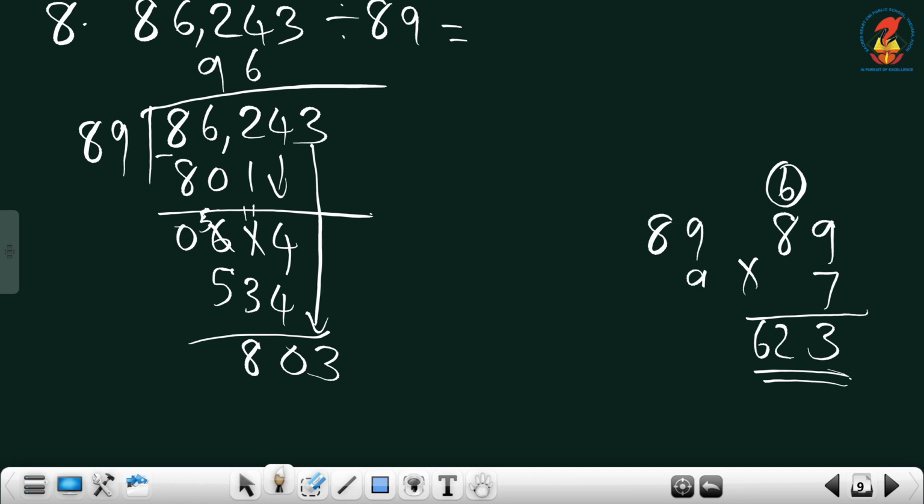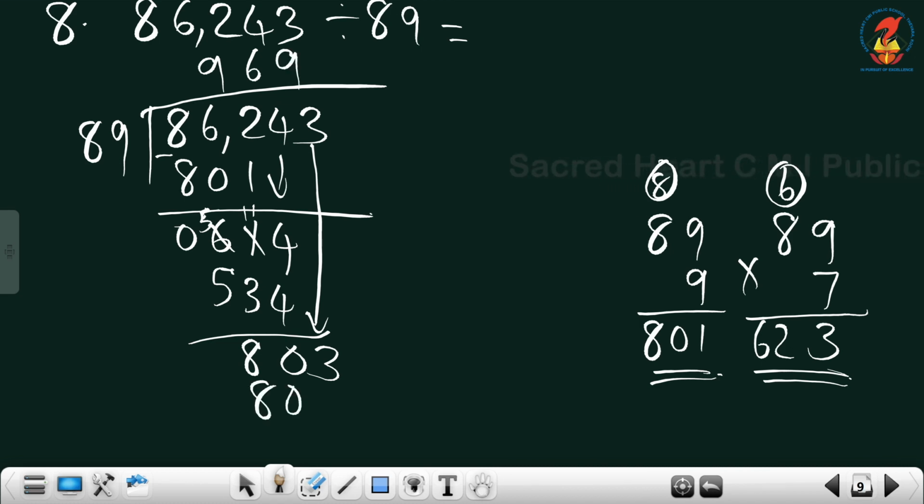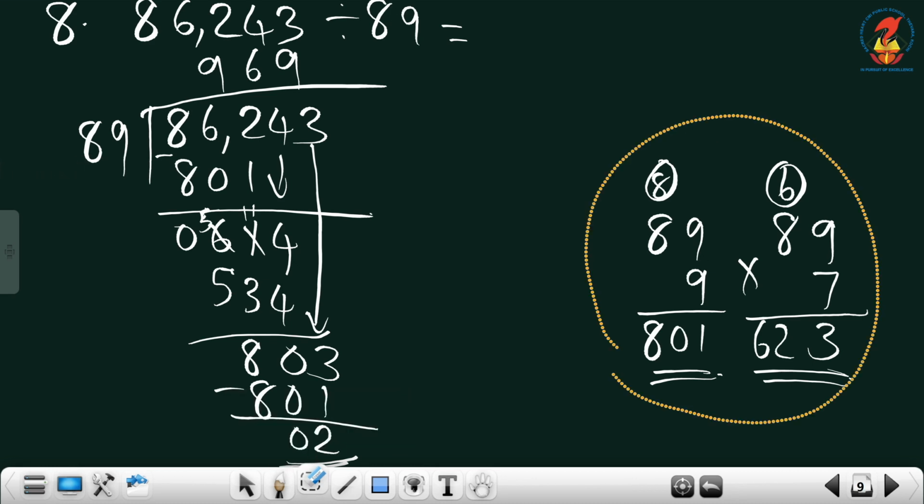Then 89 into 9 we can check. 9 nines are 81, 8. 8 nines are 72 plus 8, 80. 801. 89 nines are what? 801. Remainder is 2 only. Now we finish our division because we took the last digit also down. Okay, you must be careful, and then we need to check whether our answer is correct or wrong.